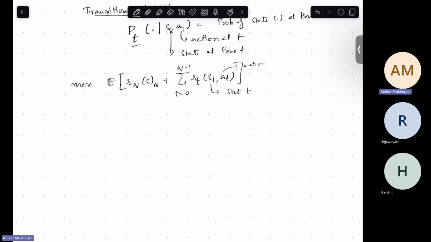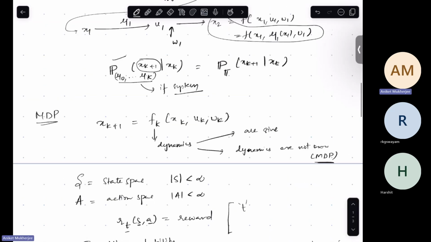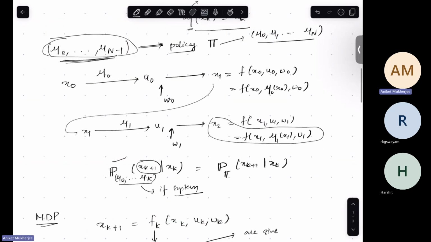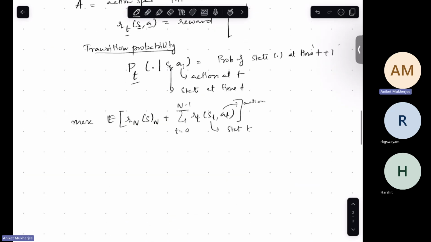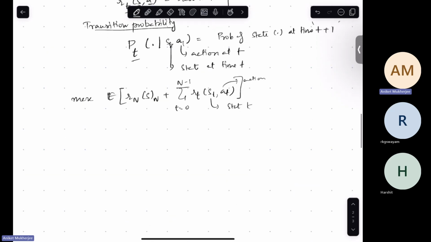Now the similarity between these two, knowing the dynamics and not knowing the dynamics, comes from this. In MDP you have the probability of j conditioned on xk, uk. Now I'm switching: when I'm in the MDP setting, I'm using t as my time domain, and when I'm in stochastic control, I'm using k.